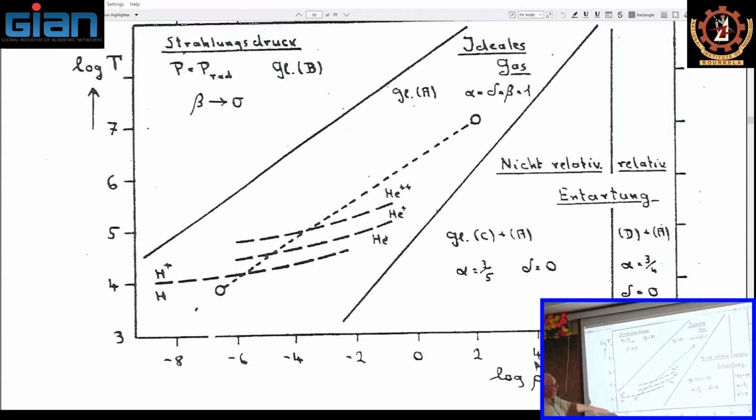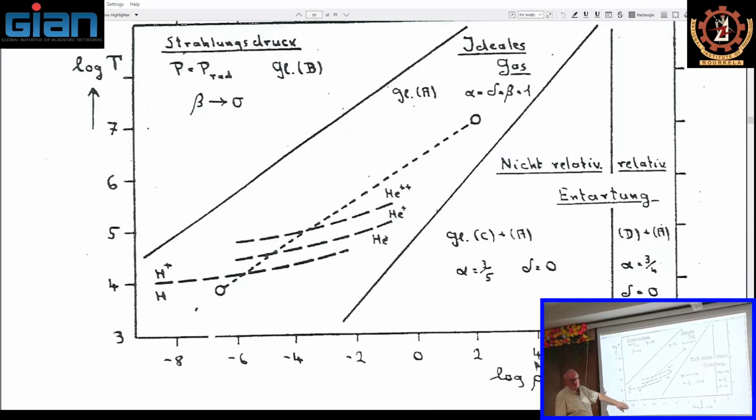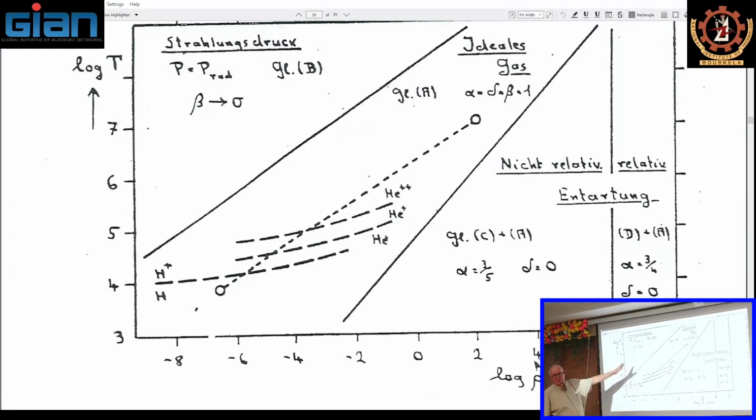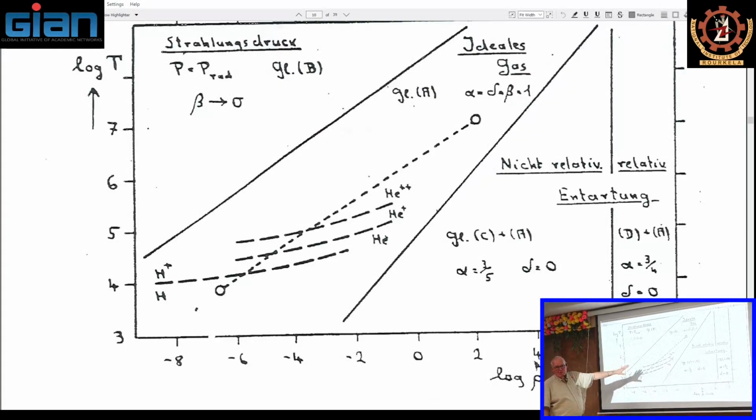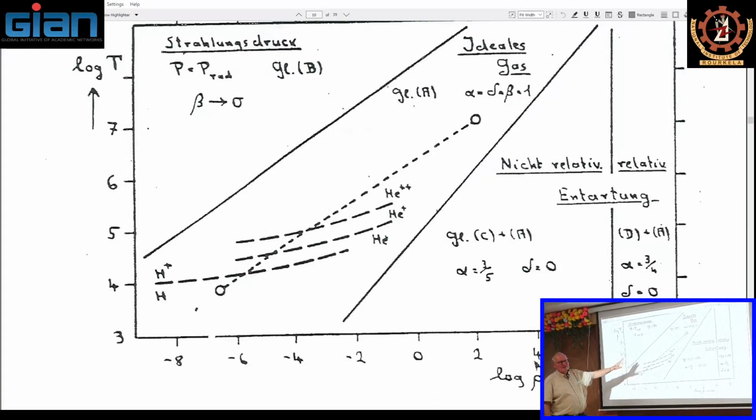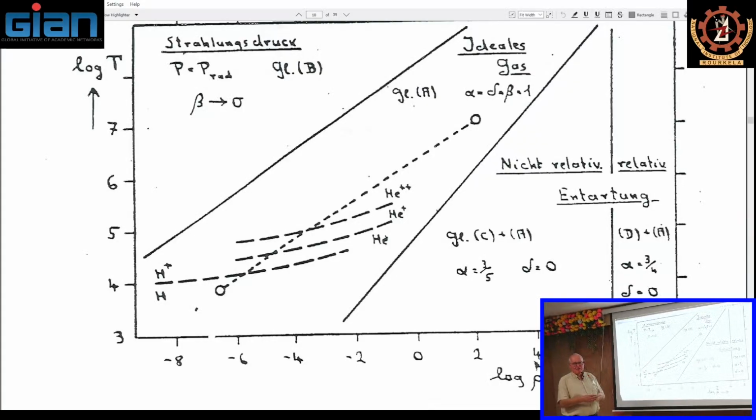So at very low densities and very high temperatures, we have radiation pressure. Low densities mean the gas pressure becomes unimportant. At high temperature, the temperature to the four terms will dominate. So this is radiation pressure.